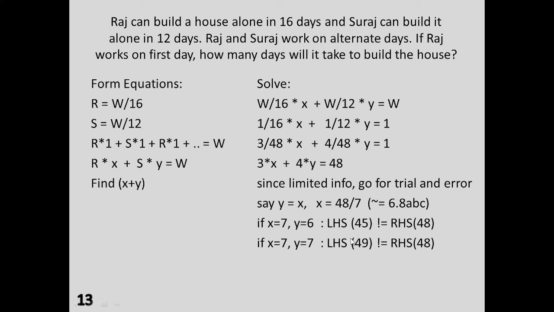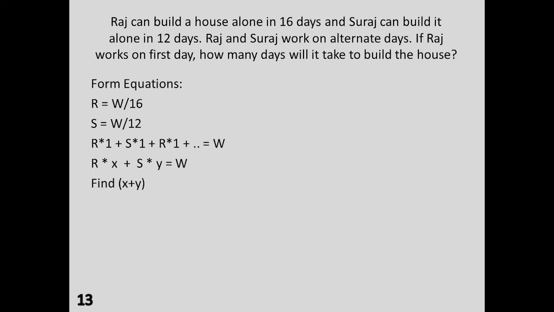So that means y is somewhere in between 6 and 7. That means Suraj has worked for complete 6 days and some part of the next day. That can be half day or 3 by 4th day. So the same equation, we'll substitute x is equal to 7 and we'll solve for y.